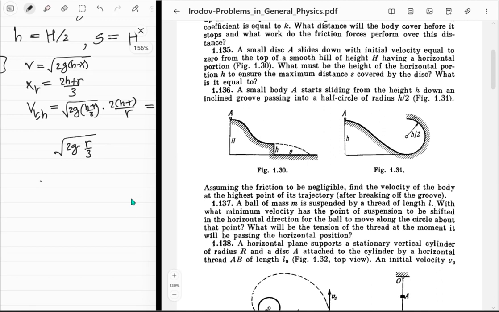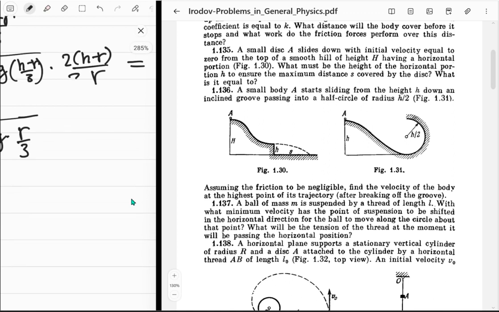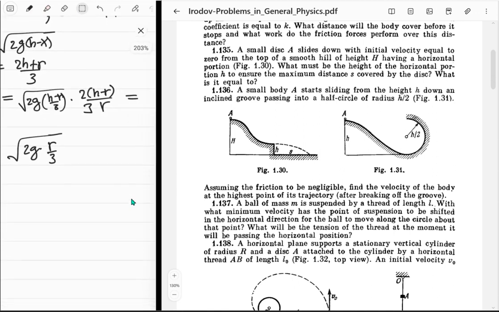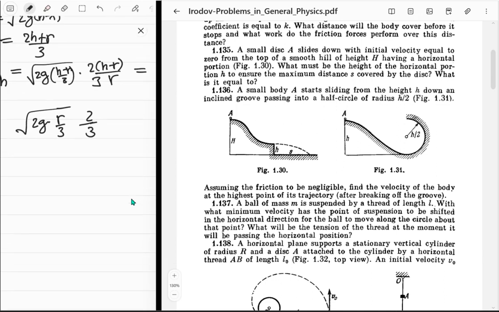It should be x minus r, and that upon r, right? So this minus r, that's going to be 2 into h minus 3 upon 3. It should be 3 over here. Sorry. Okay, that makes sense. And then you've got 2 into r, and that cancels, so that's upon 3.